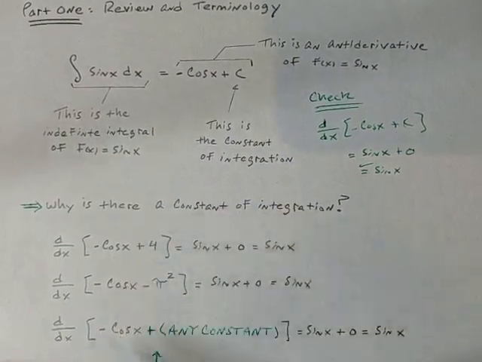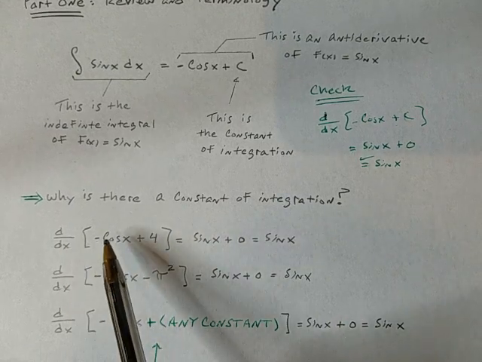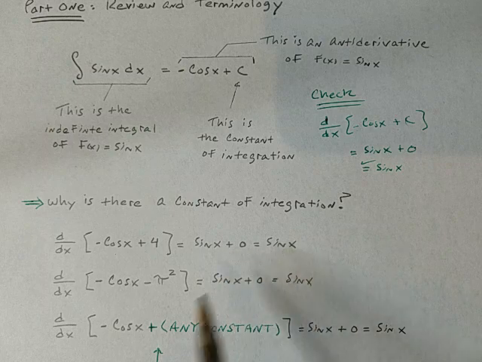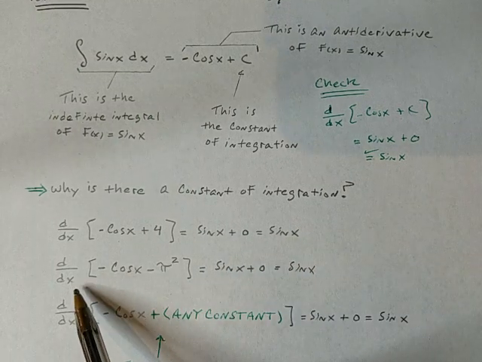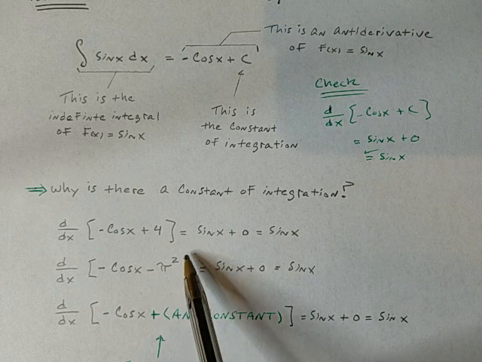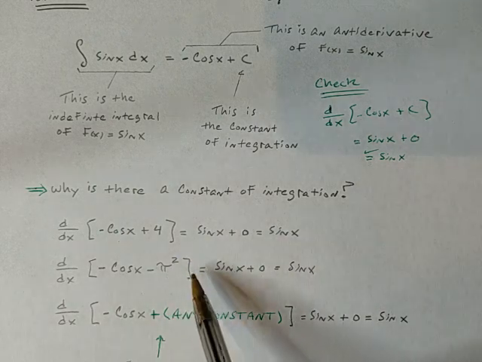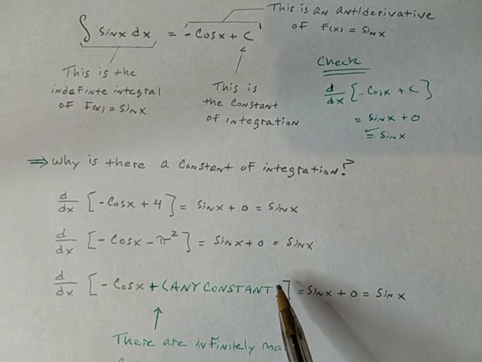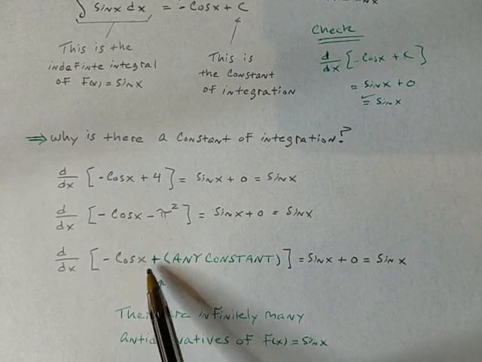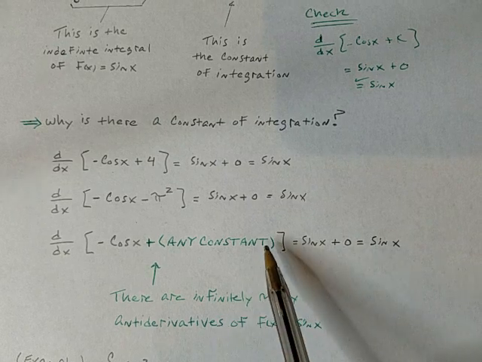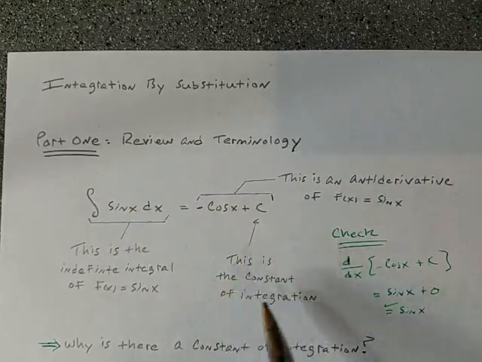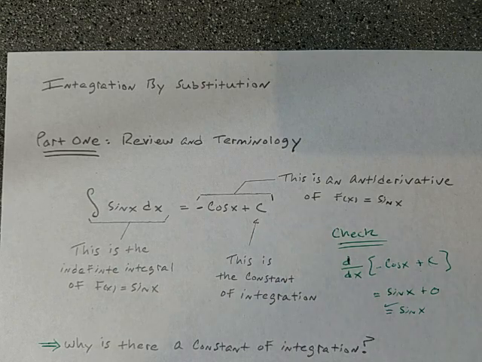Well, just maybe to be dramatic about it, if I took the derivative with respect to x of negative cosine x plus 4, it would be sine x. If I took the derivative with respect to x of negative cosine x minus pi squared, well, pi squared, that's a constant, and I'll get sine x. So yes, the derivative with respect to x of negative cosine x plus any constant is going to be sine x. So that's why there's a constant of integration on this, okay?